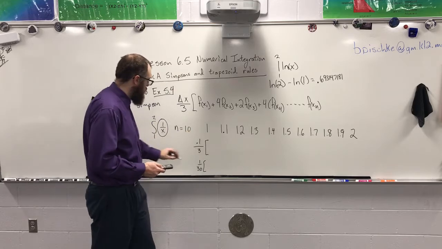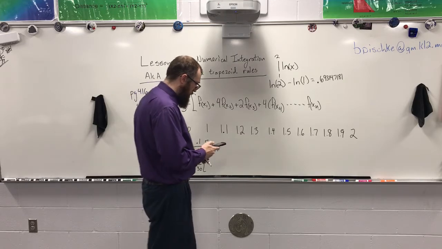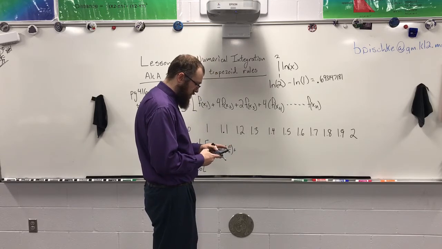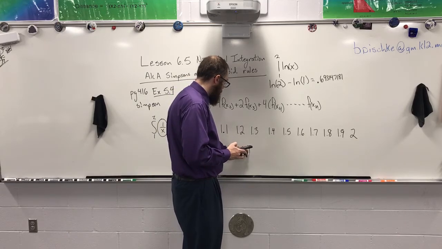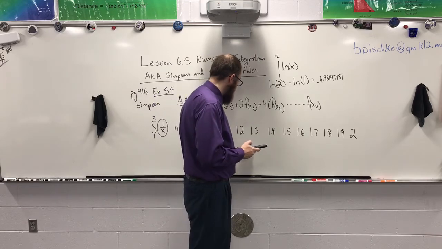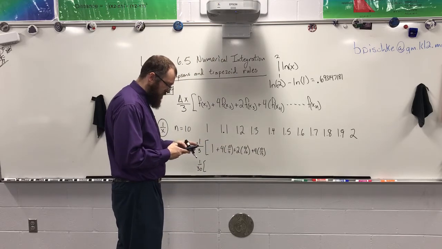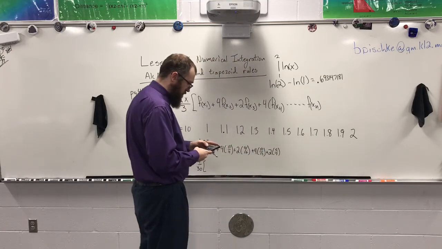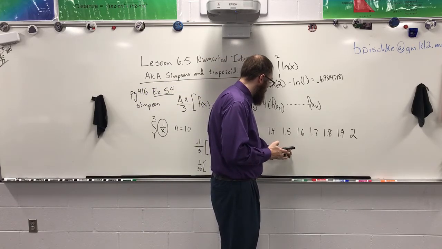And then 1 over 1 is 1, plus 1 divided by 1.1 is 10/11ths, but that's 4 times 10/11ths. 1 divided by 1.2 is 5/6, is 2 times 5/6. 1 divided by 1.3 is 10/13ths, 4 times 10/13ths. 1 divided by 1.4 is 5/7, so that'd be 2 times 5/7. 1 divided by 1.5 is 2/3, so that'd be 4 times 2/3.